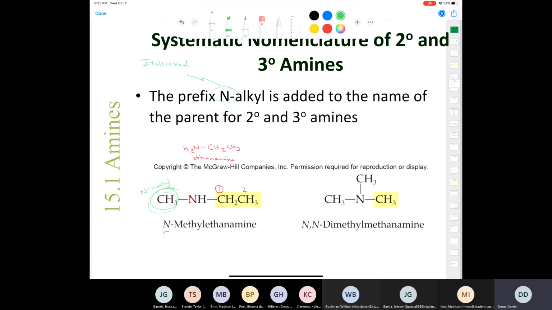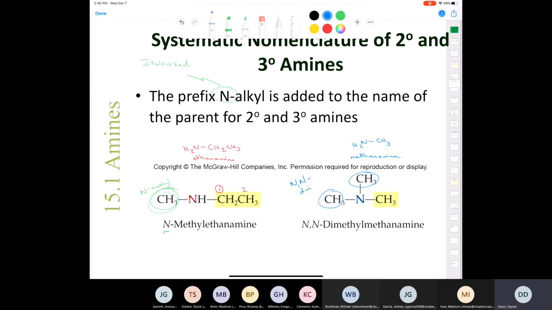Similarly, for this example here, if we simply had CH3, NH2 like this, this would be methanamine. Nothing new there. But if I have 2 methyl groups, then they're both attached to the nitrogen. We call it N,N. So you put an italicized N for every group, and then it would be dimethyl.